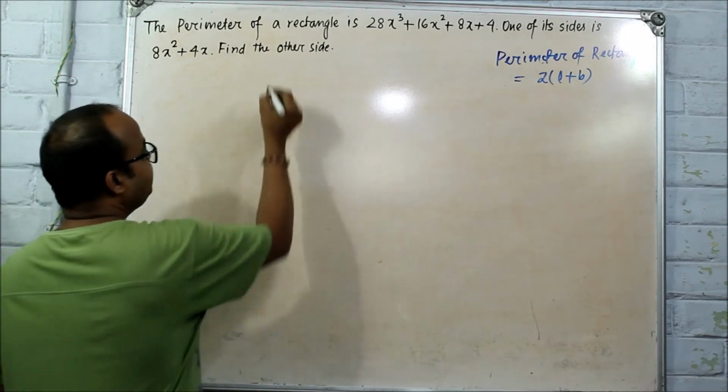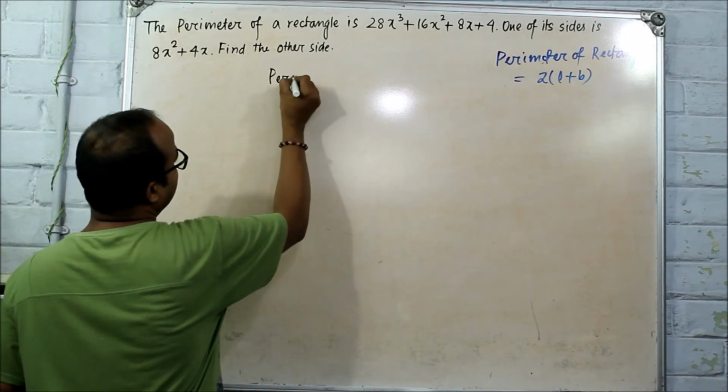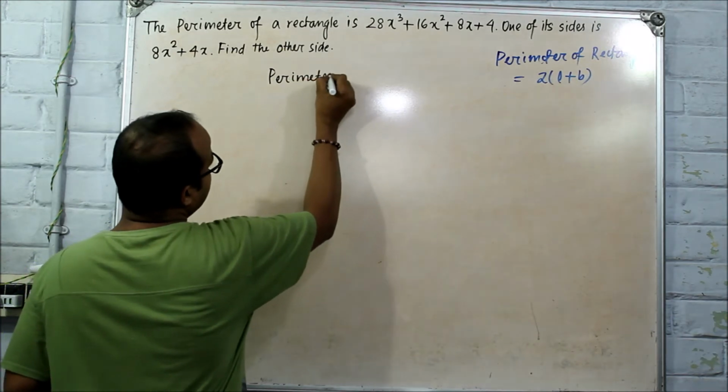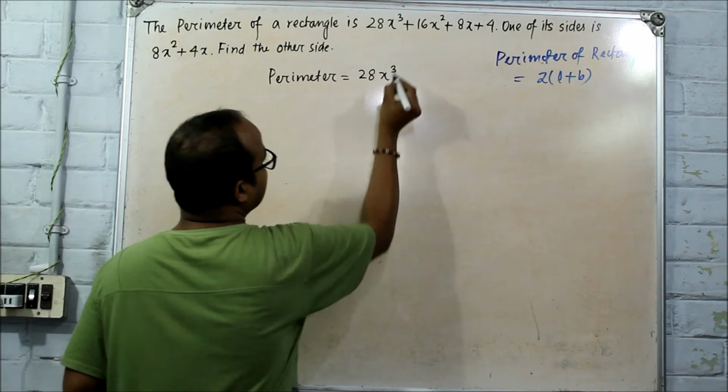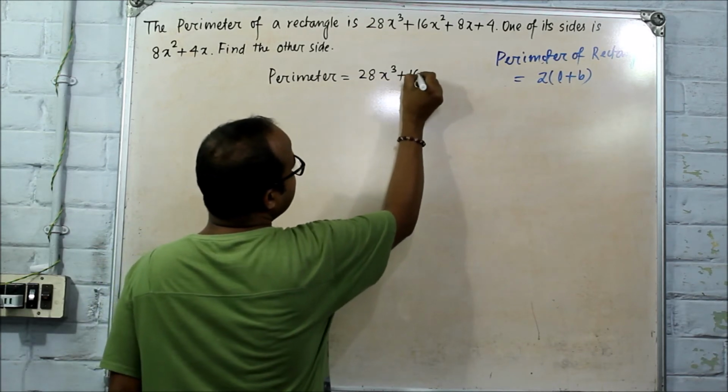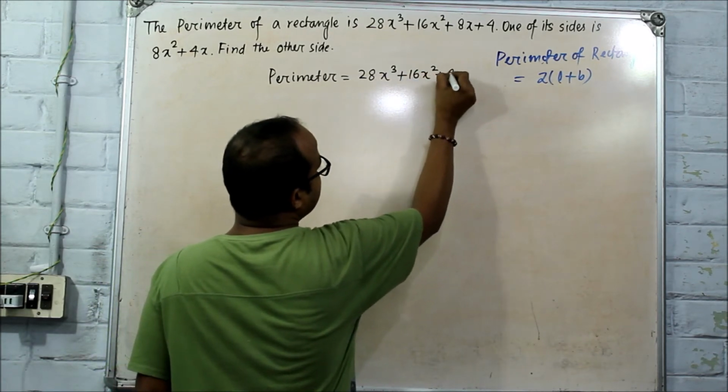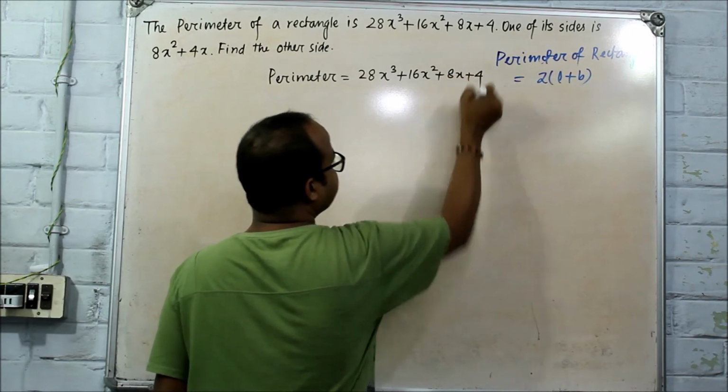So here perimeter is given as 28x cube plus 16x square plus 8x plus 4.